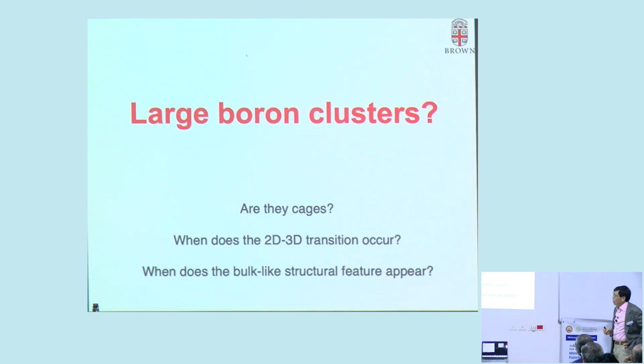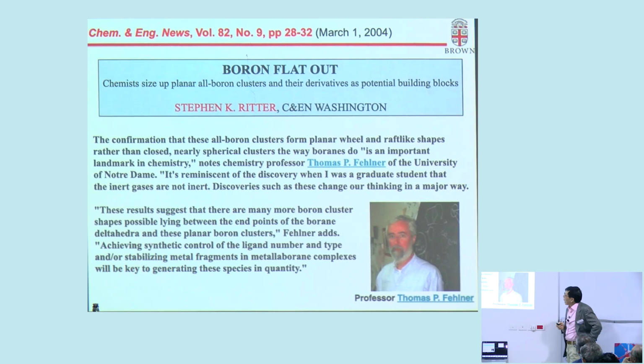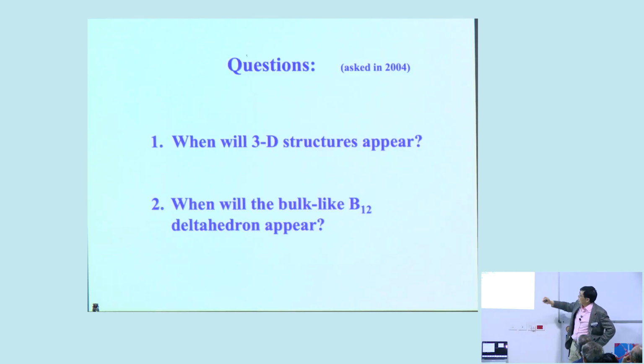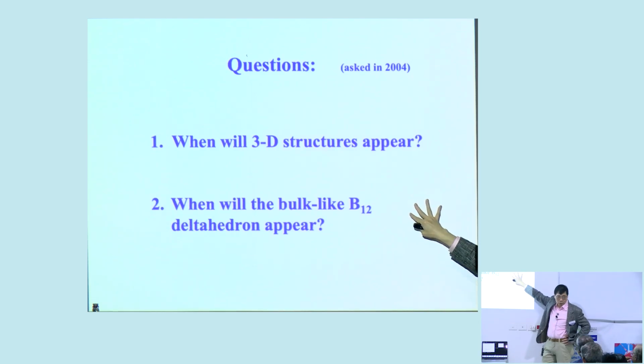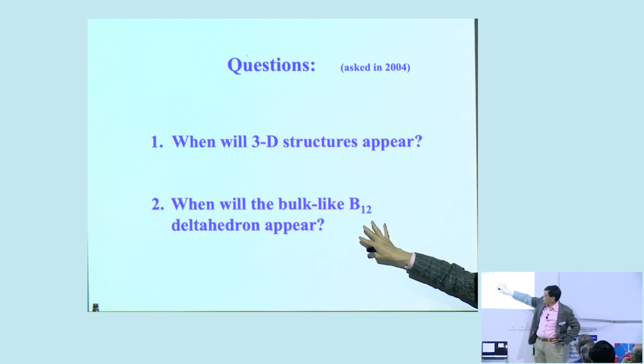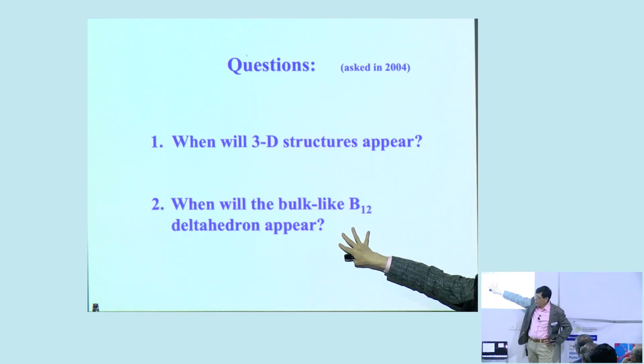All right, so what about larger boron clusters? The question still in our mind, even back in 2004, was: when will the 3D structure appear? When will the bulk-like B12 icosahedral structure appear?